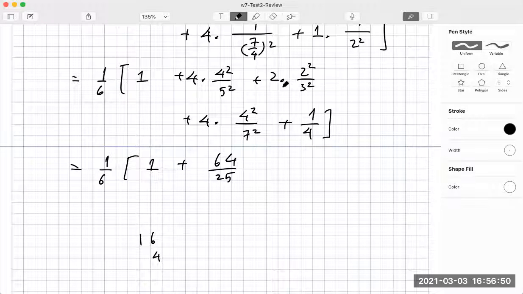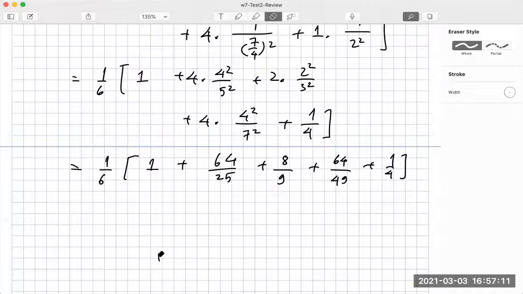Here it will be 8/9 plus here 64/49 plus 1/4, right? Okay.